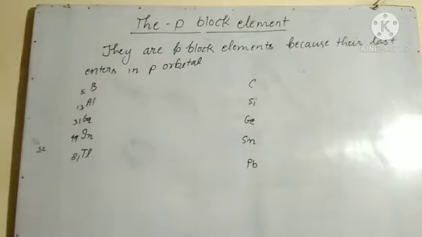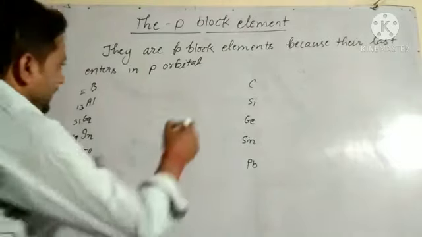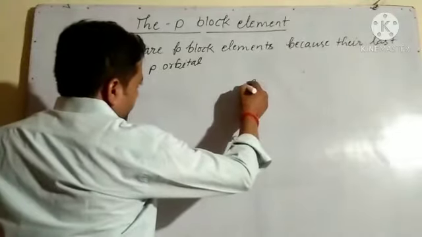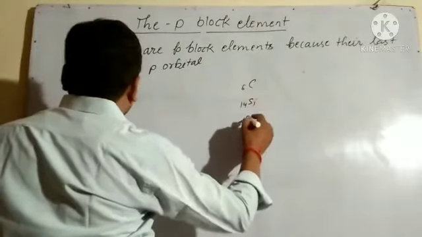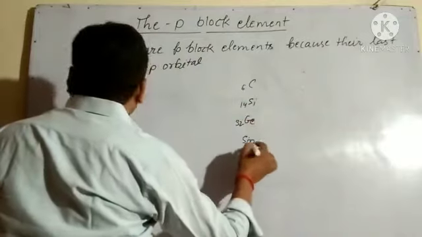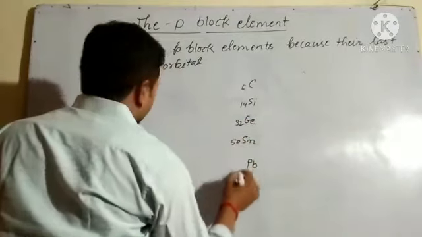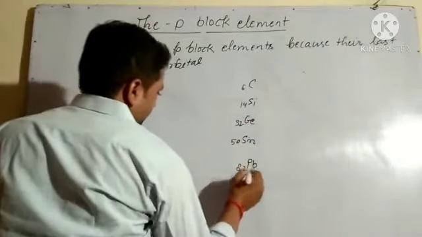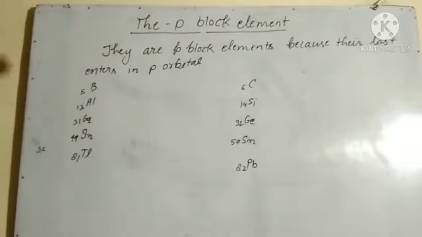Like this. Okay students, and the atomic numbers of the carbon family are 6, 14, 32, 50 and 82. So what is their electronic configuration?